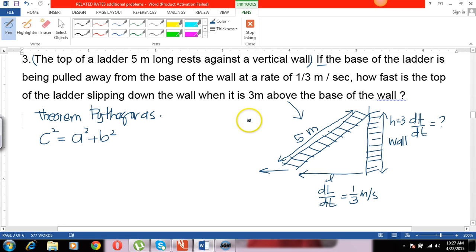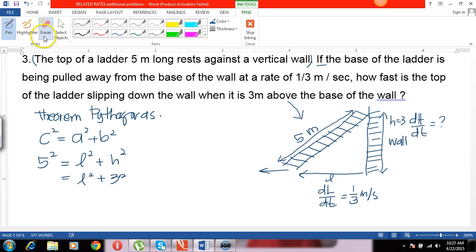From the figures, 5 squared equals the length L squared plus the height squared. The height equals 3 meter, so 3 squared.